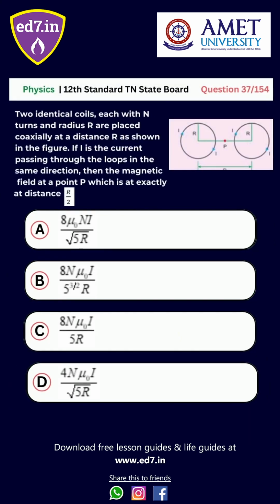Question number 37. Two identical coils, each with n turns and radius r, are placed coaxially at a distance r as shown in the figure.